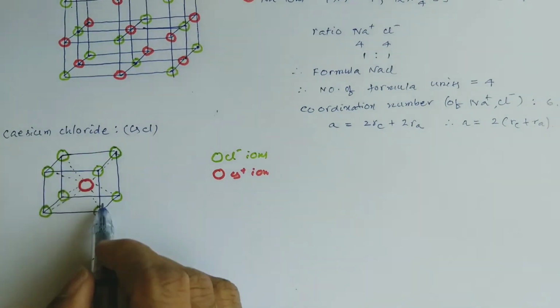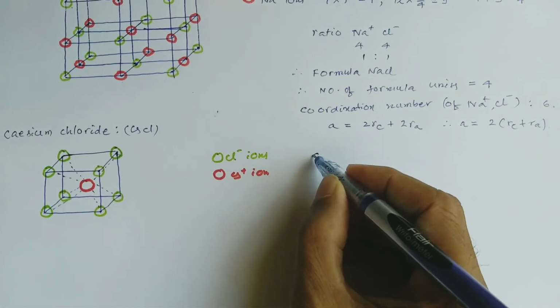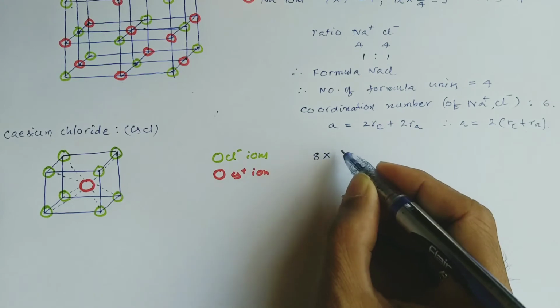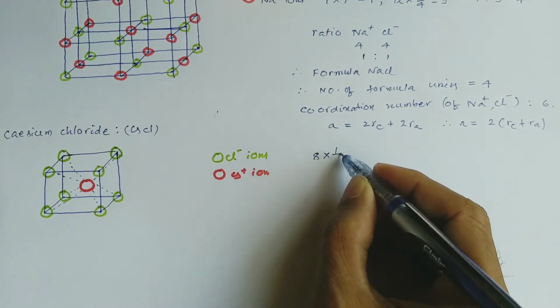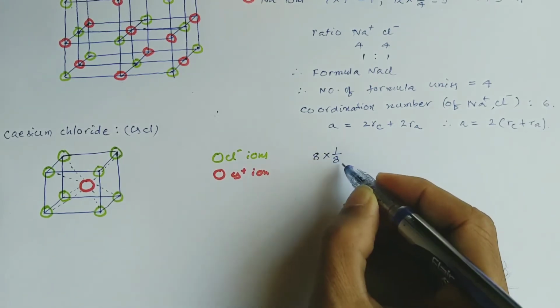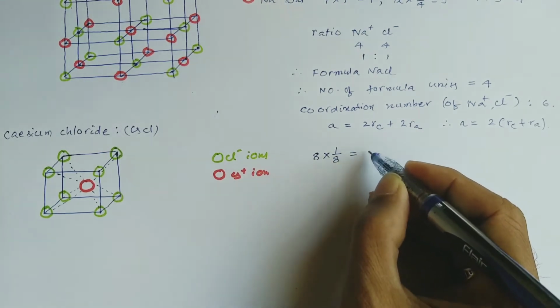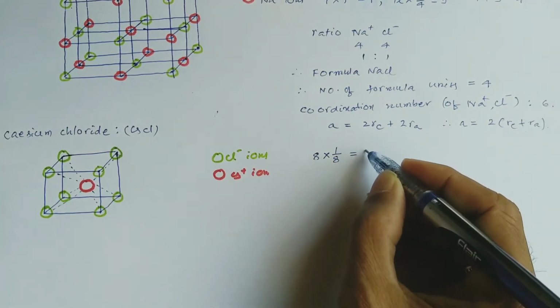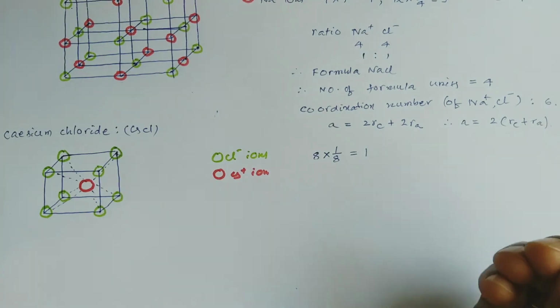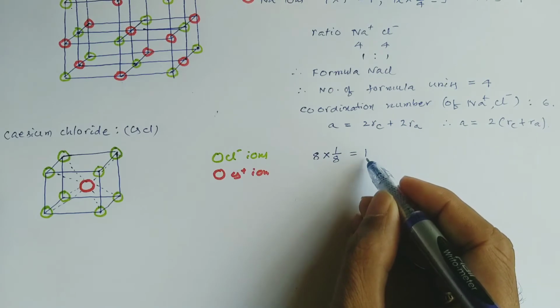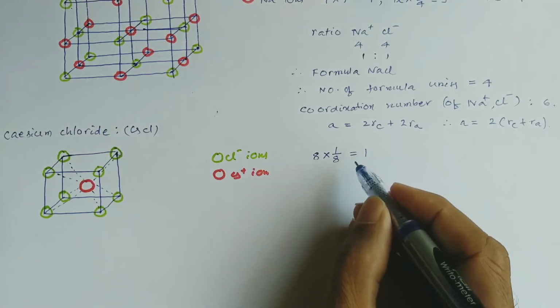As there are 8 lattice points occupied by chloride ions, and the contribution of each lattice point to one unit cell is 1 by 8 because each corner is shared by 8 unit cells, the contribution of chloride ions to this unit cell is only 1. So this becomes the effective number of ions present per unit cell.